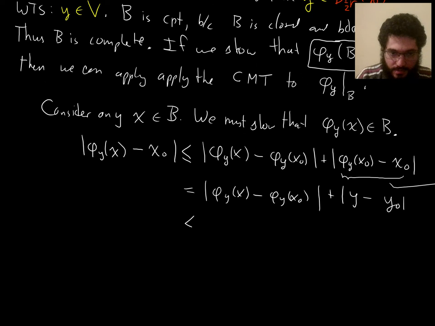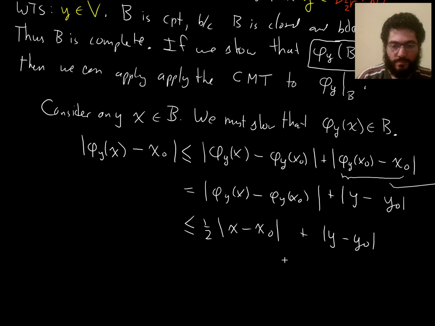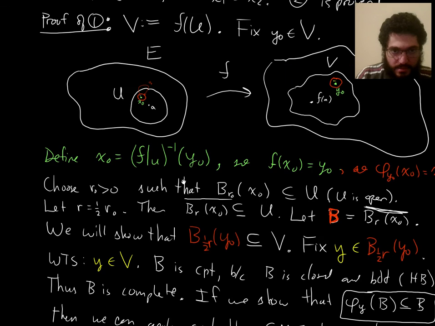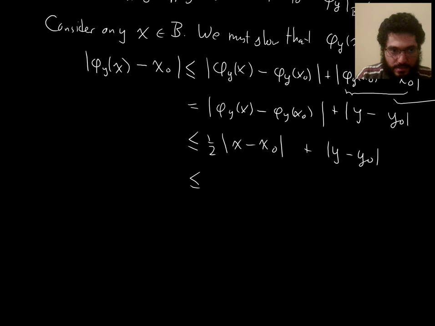And so here we get less than or equal to 1/2 times the distance between x and x0. This is that contraction property for phi sub y. And the distance between x and x0, well, x is in this red disk of radius r centered at x0. So we can put r here.